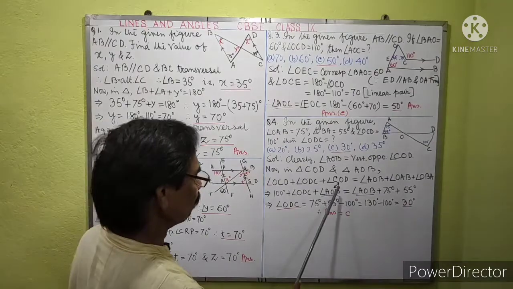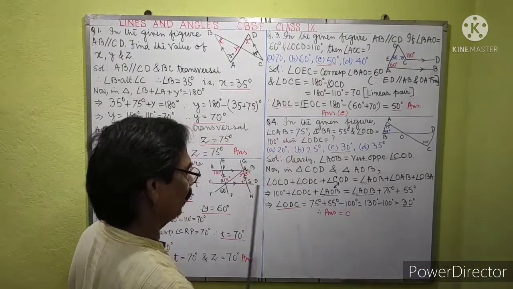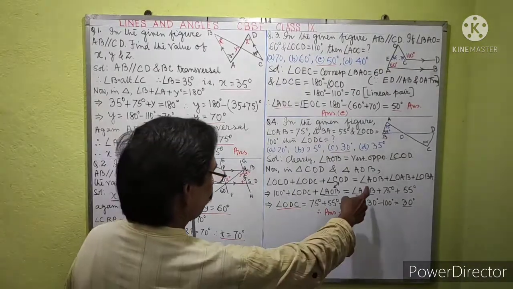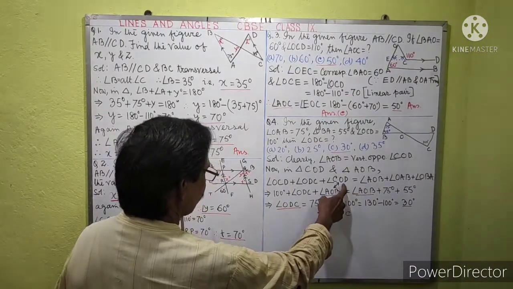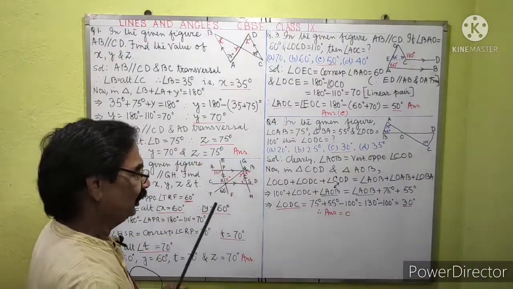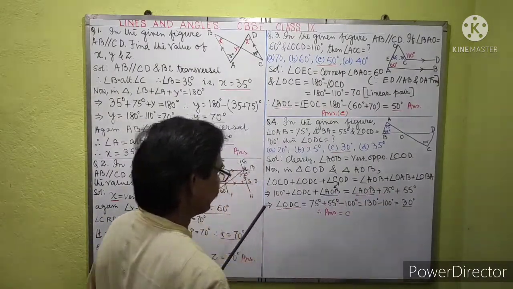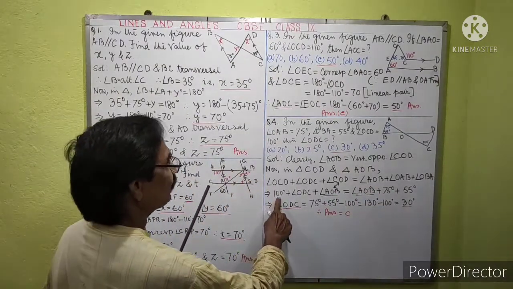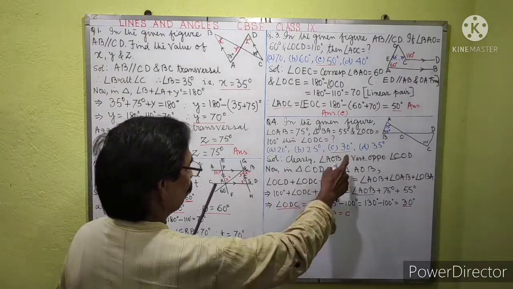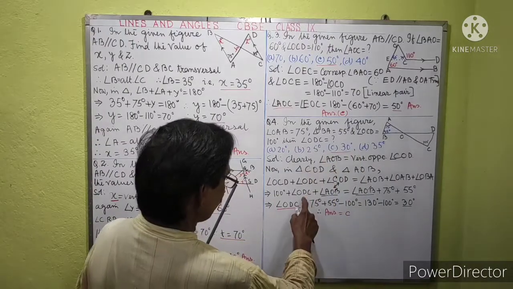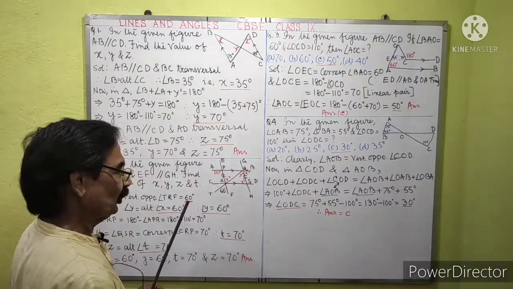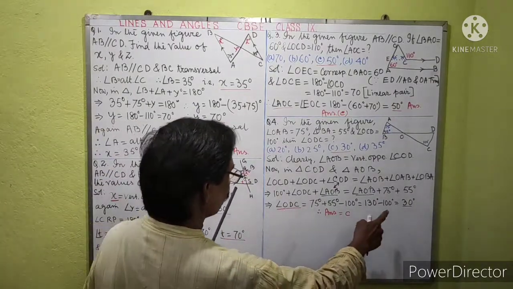Since COD and AOB are equal because they are vertically opposite angles, AOB and COD will cancel themselves. And OCD equal to 100 degree, and we have to find out ODC plus 100 equal to 75 degree plus 55 degree. So angle ODC equal to 30 degree.